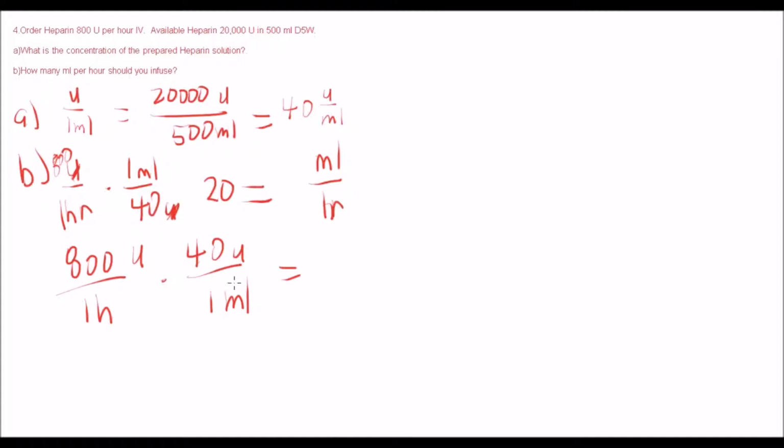We can't cancel anything out. So the big thing to remember is to try to get these fractions where you have the cancellations, one on the top and one on the bottom, so that you can cancel things out and get to the final answer, which, like we had here, was 20 milliliters per hour. So this is wrong, and this is what we're trying to do here. Let me move to another problem.